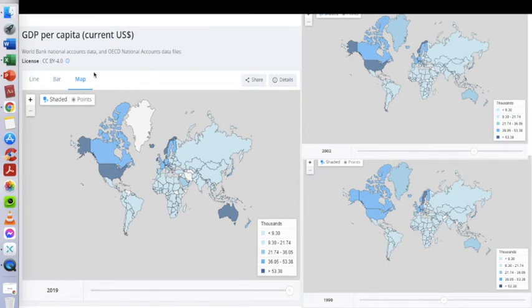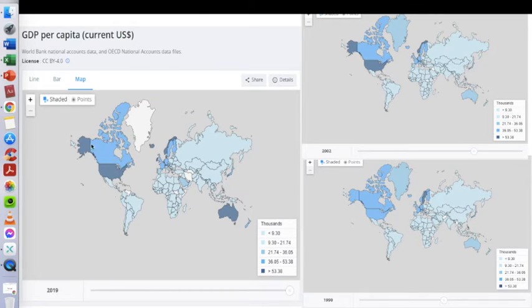We can see that GDP per capita is very high in the United States. And again, this is not really saying how well people are off, but it's taking the entire output of the country and dividing that by the population. So on average, a person earns or has more in the United States than they do in these lighter colored spots in the world in 2019.